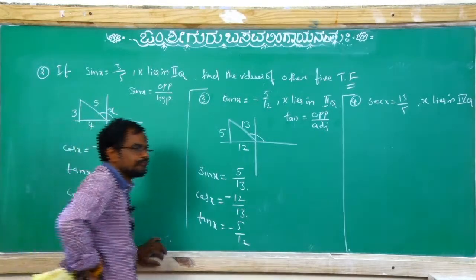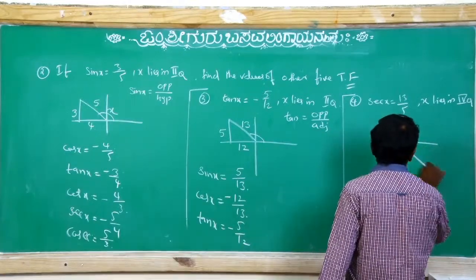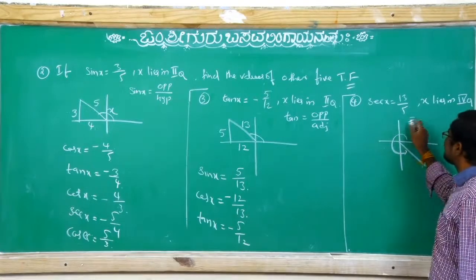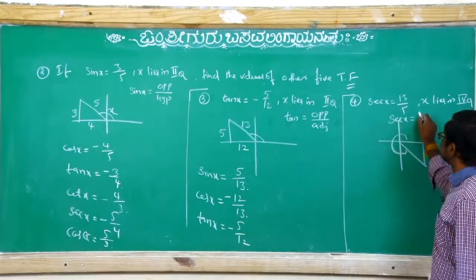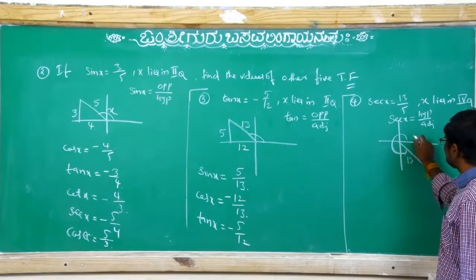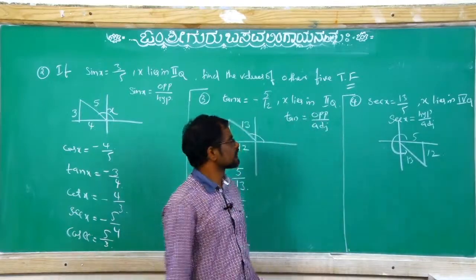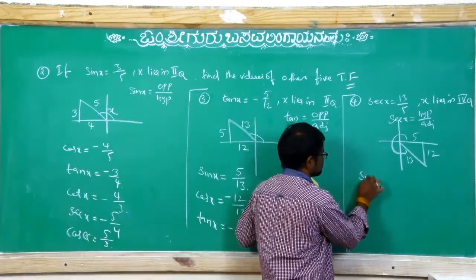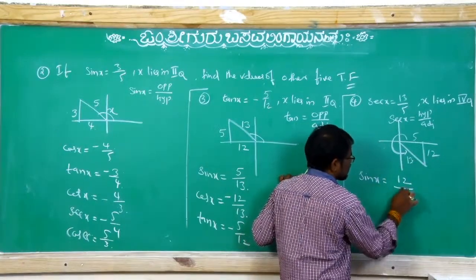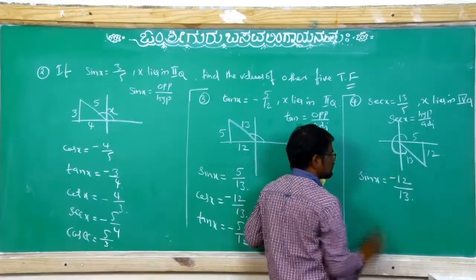How to do? So fourth quadrant, what is the ratio of secant? Hypotenuse by adjacent. Here 13, 5, here 12 you have to take. Okay. Now sin x, opposite 12 by hypotenuse 13, but x lies in the fourth quadrant, sine is negative, minus.